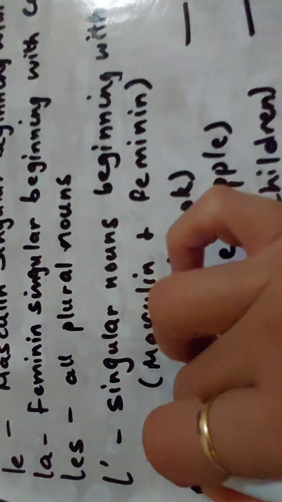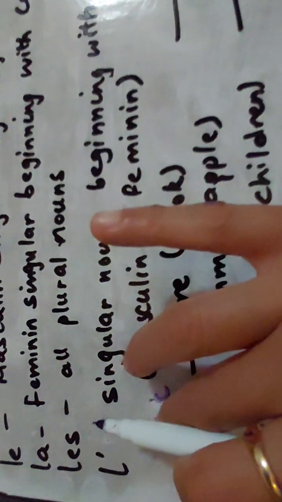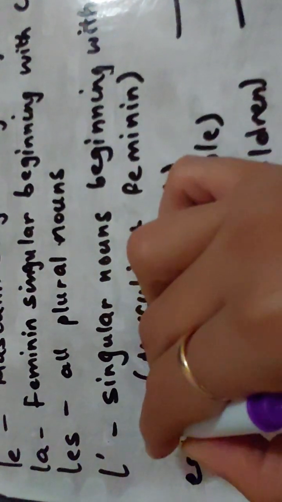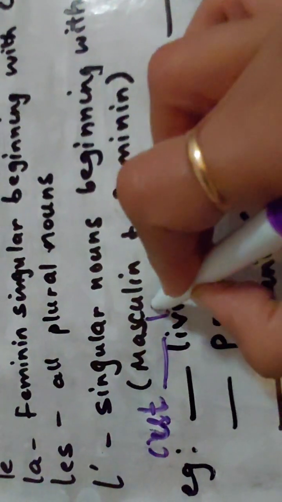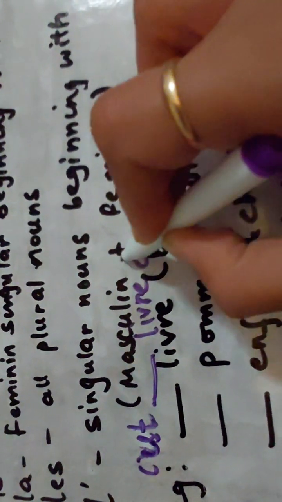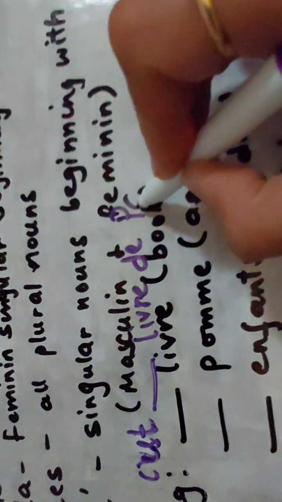Now, for example, let's say we have to say "this is the book of Pauline." What do we have to say? This is in French is written as c'est, C apostrophe E S T, c'est blank livre de Pauline.